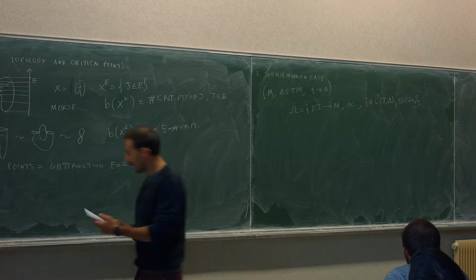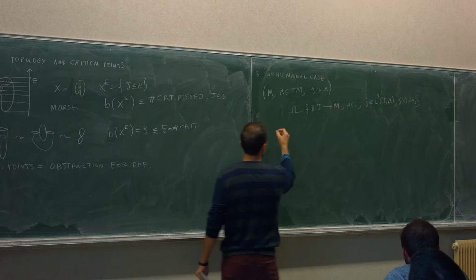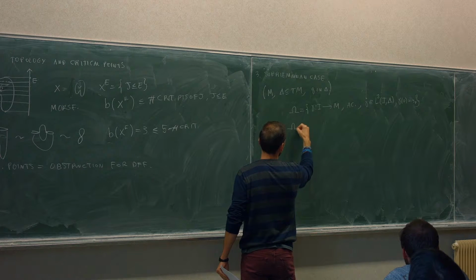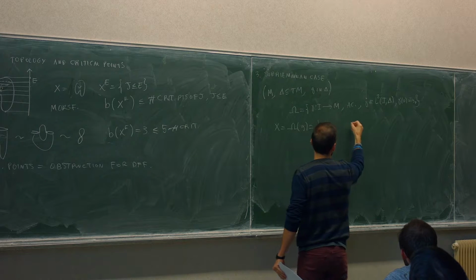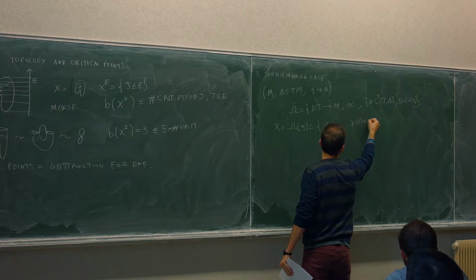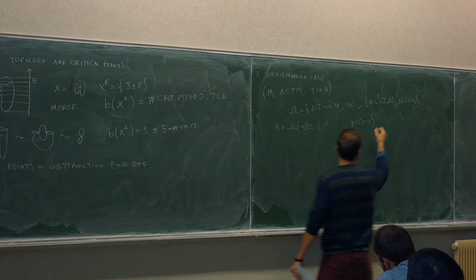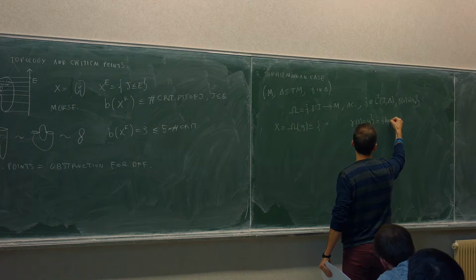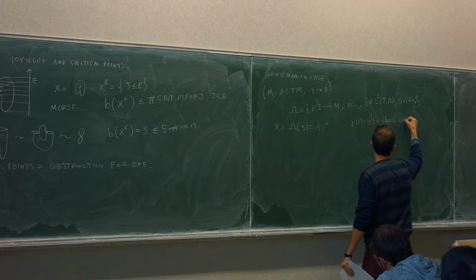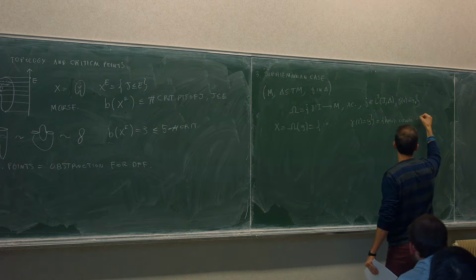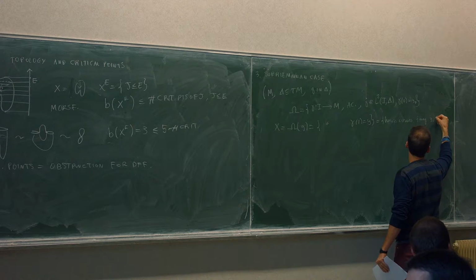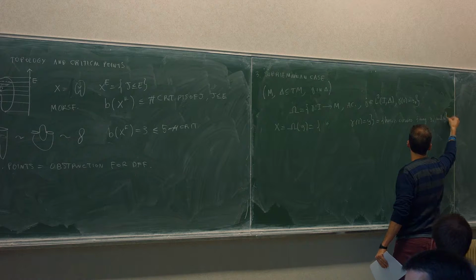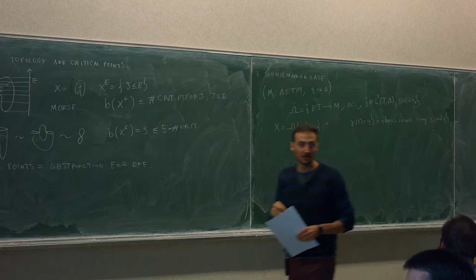And now in my case this X, I denote it this way. It's the same thing, but I also want gamma of 1 to be y. So this is basically the set of horizontal curves joining y0 and y, the set of curves between two points which are horizontal.